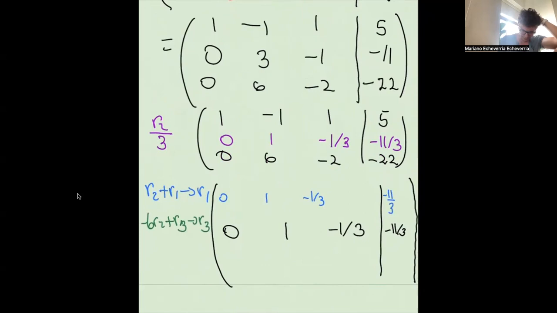And then I'm going to multiply the second row by -6. So you get 0, and then a -6 here. And when you multiply the last one by -6, you get 2, right? And then this one you get 22. Okay, and then I'll just add it to the other number. So I'm going to add this to the first row numbers, and I'm going to add that to the third row numbers.